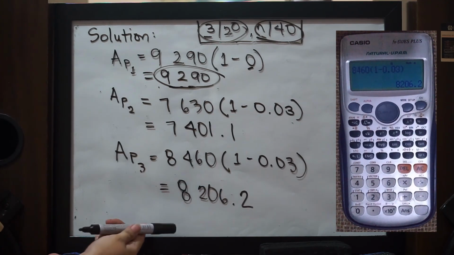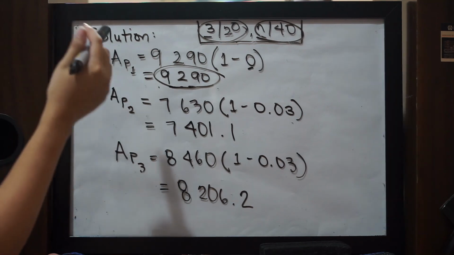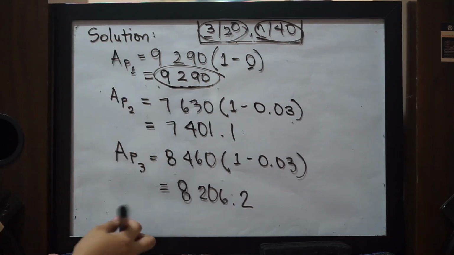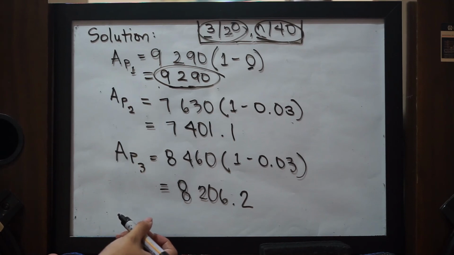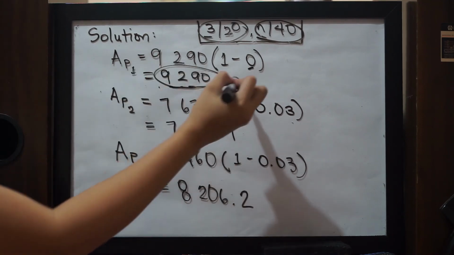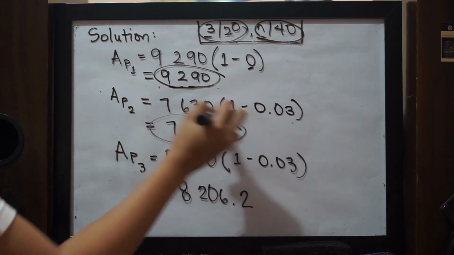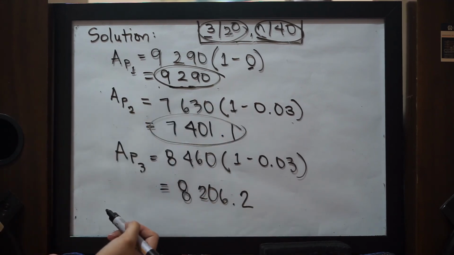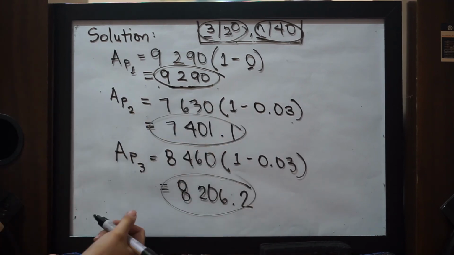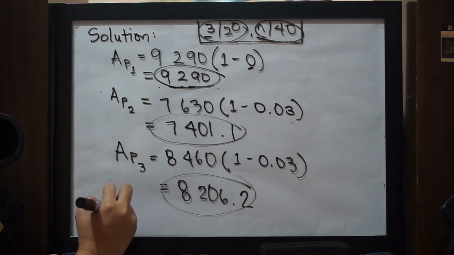So, now that we are able to get the amount payable for the first, the second, and the third scenario, we can now get the total amount payable by adding 9,290, 7,401.1, and 8,206.2.